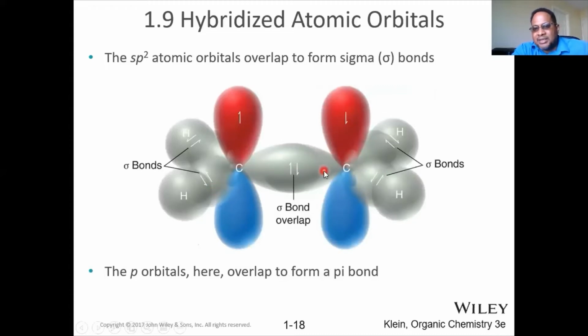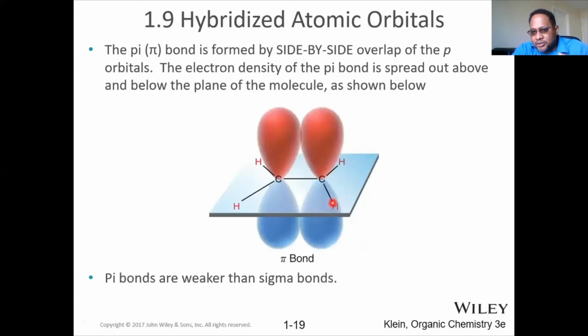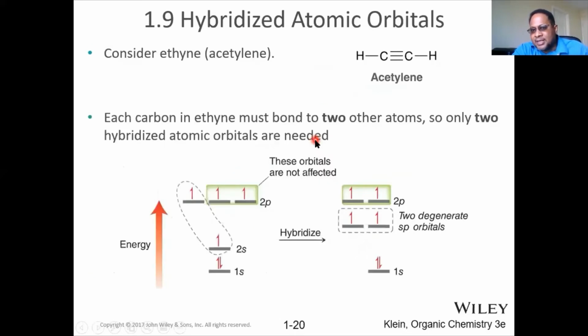If you have two carbon atoms that interact with each other, they form a sigma bond overlap, and then the p orbital that was not affected forms what we call a pi bond, right? So if you remember when we talked about the double bond, it's formed from the side overlap of your p orbitals and your sigma bond, right? So that's how you get your carbon-carbon double bond. And then how do I get my carbon-carbon triple bond?